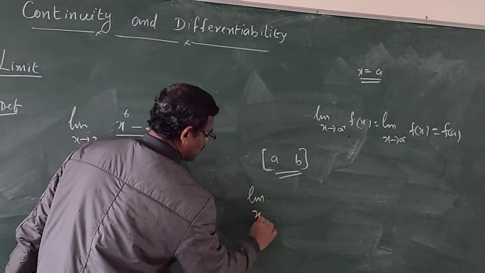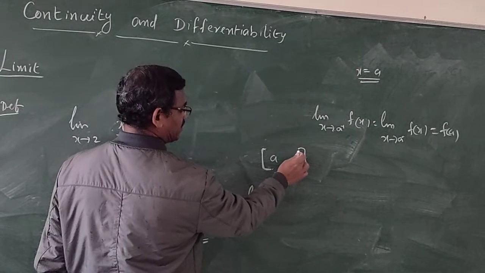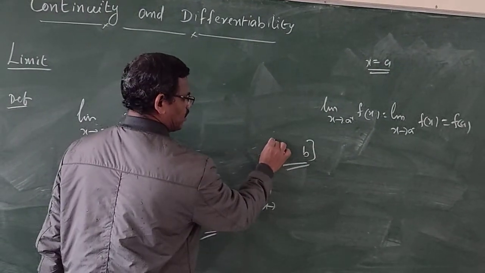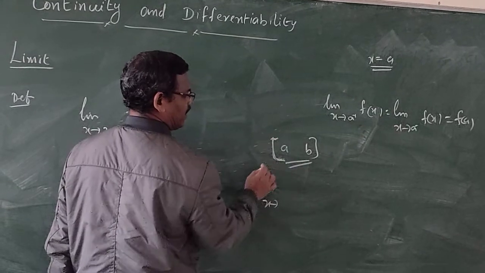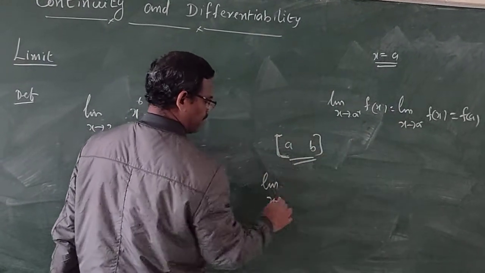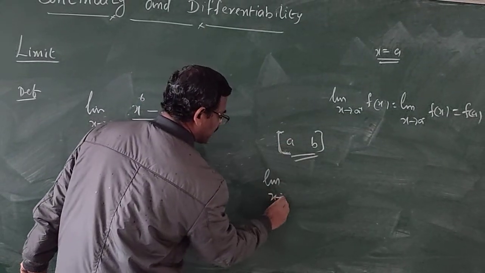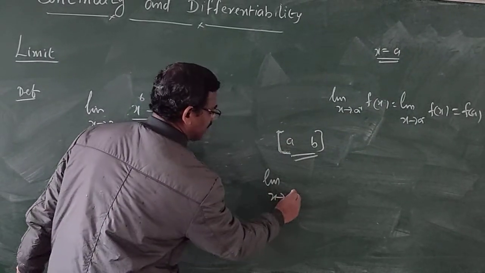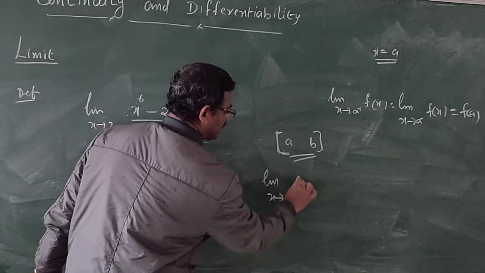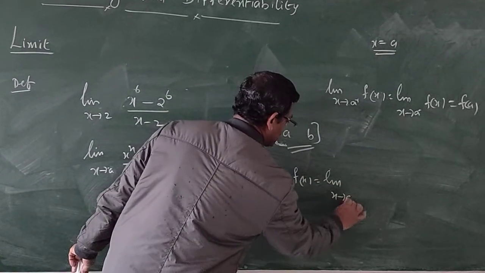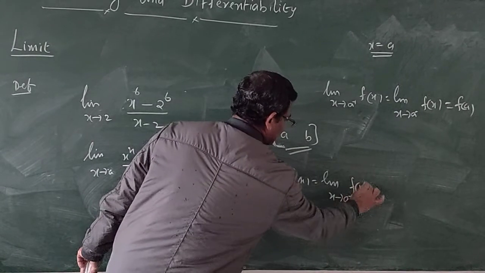I want to check the continuity of the function at a. I told you that it is continuous in the interval if it is continuous at every point. So a is also a point of this interval. So if I talk about the continuity there, then it comes like this: limit x tending to a minus f(x), then limit x tending to a plus f(x).